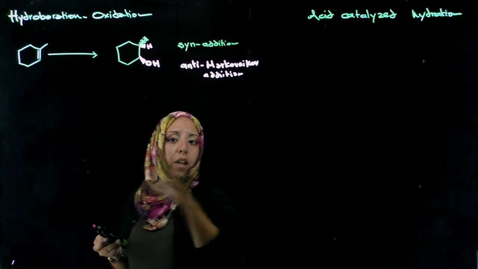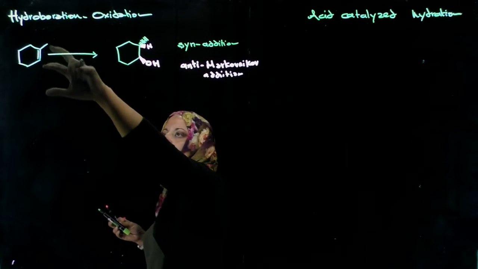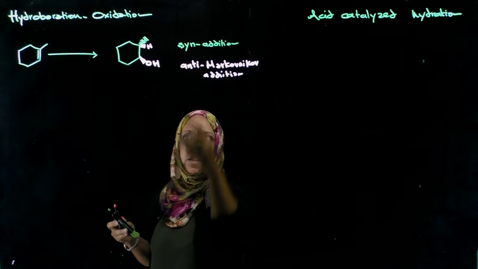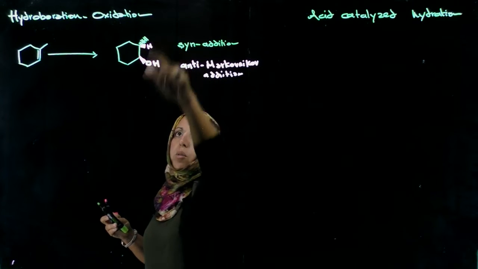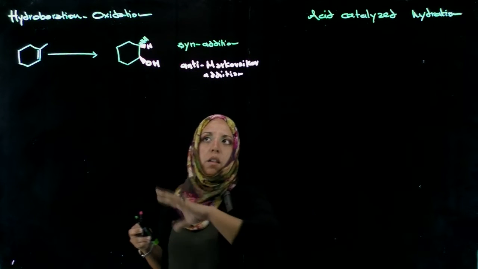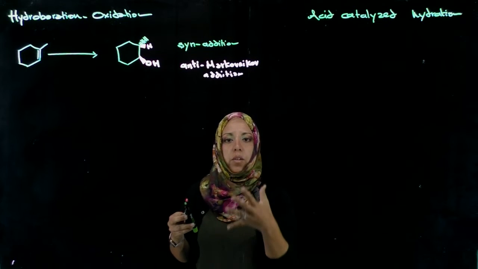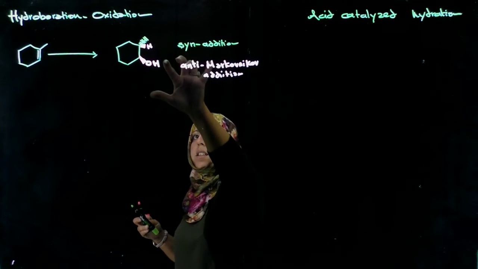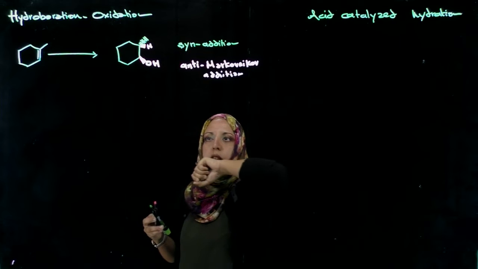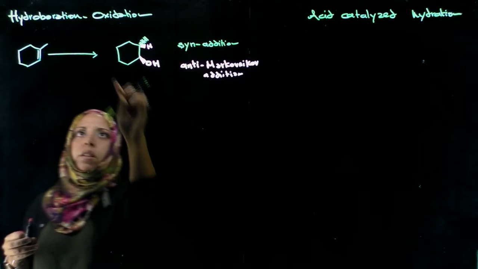Remember, we don't draw hydrogens attached to carbons, but if one of the two sides of that carbon-carbon double bond is more substituted, that group and the alcohol group will be opposite, because the hydrogen and the alcohol are on the same face of that carbon-carbon double bond. So it's what we call a syn addition. Okay, so it's an anti-Markovnikov, and it's a syn addition, right?